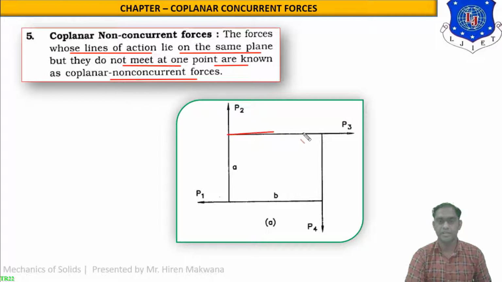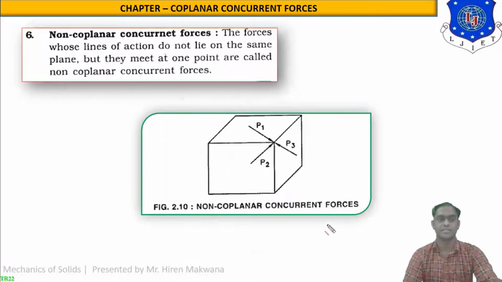So you can see this is the rectangular plane having sides A and B, suppose, in which at four corners four forces are acting, P1, P2, P3 and P4. So this type of forces are not intersecting at a common point. So then they are known as coplanar non-concurrent forces. So this is the system number 5.